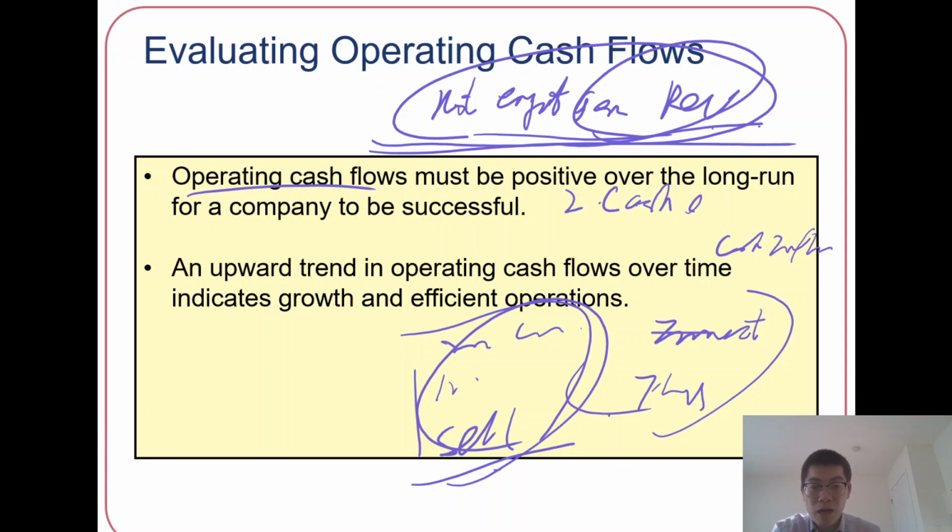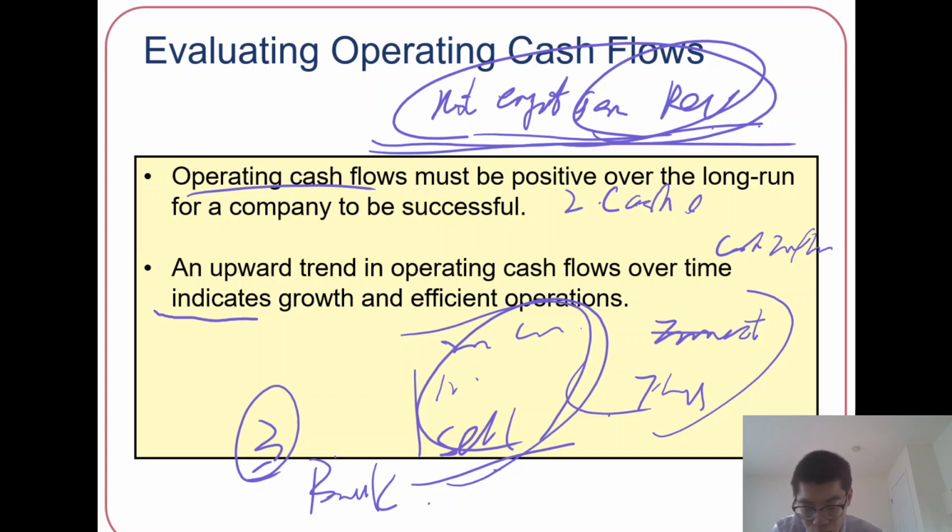They're not going to lend more money to you, or even if they do, they're probably going to charge you a much higher interest rate, which means a higher cost of using their money. And then the final problem you're going to end up with is bankruptcy. Then your company is going to be dead.